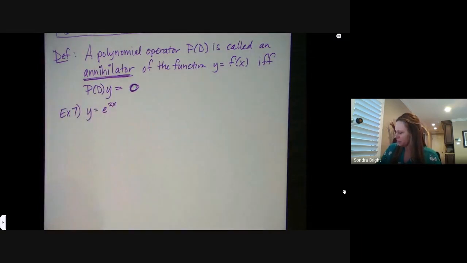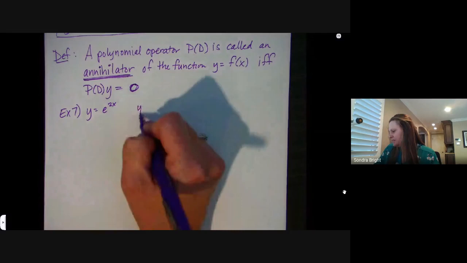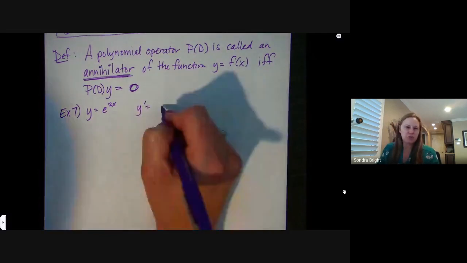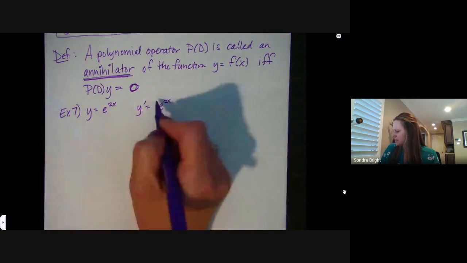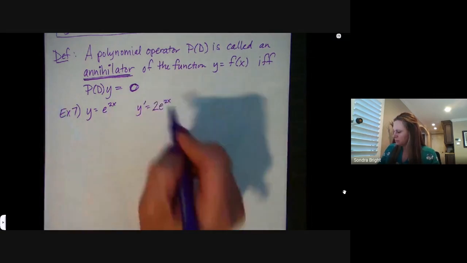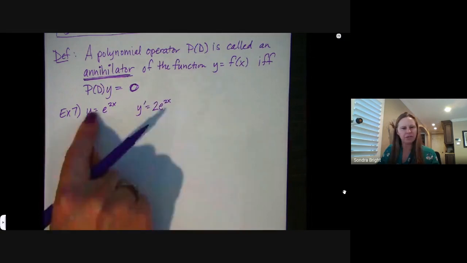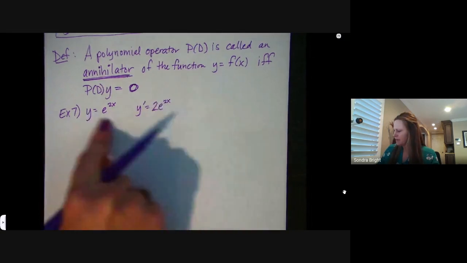And so here's what I noticed. I noticed that if you take the first derivative on e to the 2x, remember it's e to the 2x, but then chain rule would say times 2. So it's 2 times e to the 2x, which you could do a linear combination of these guys, and it'll bring you to 0. You see that?